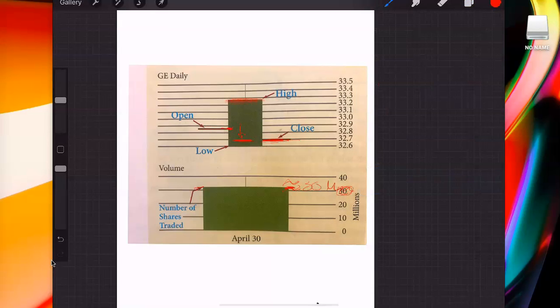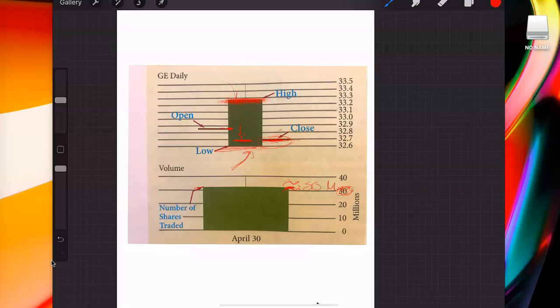So our high value is roughly 33.3, and our low value is 32.6. This just means that at some point in the day we traded around here, and at some point in the day we traded around here. Ultimately, we traded higher than our low, but our high value was much, much higher than our close.